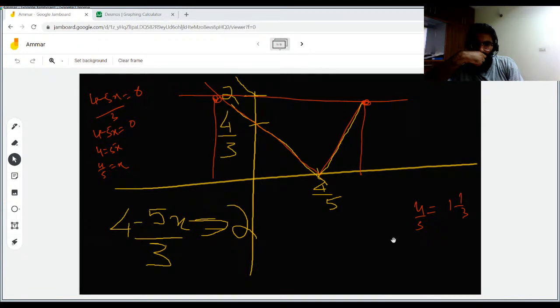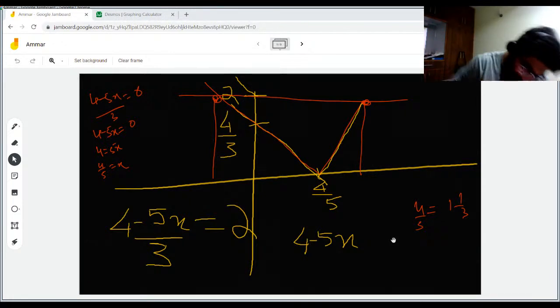And so it goes to 6. So 4 minus 5x is 6, and so then 6 minus 4 is what? 2, and 2 by 5, minus 2 by 5. Yes, that's the answer.